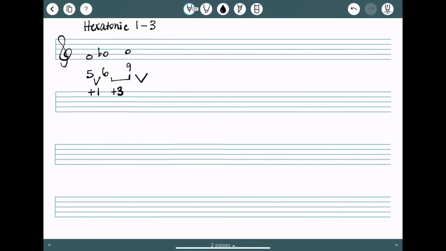Up next is plus 1. 9 plus 1 is 10. And that is a B flat. Next up is a 3 semitone interval. And 10 plus 3 is 13. In the mod 12 system that we use for pitch class integers, that's 1.